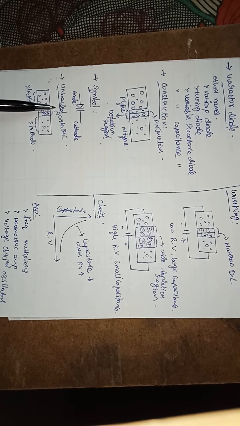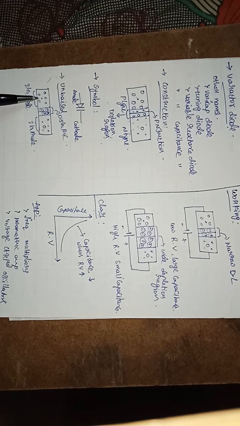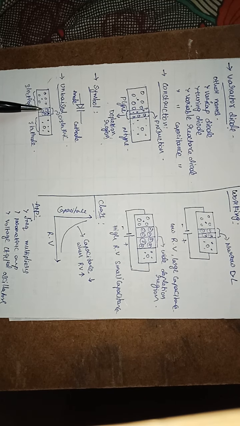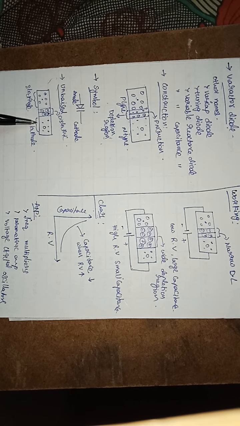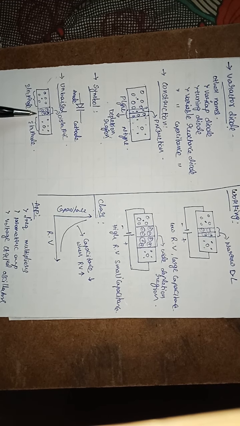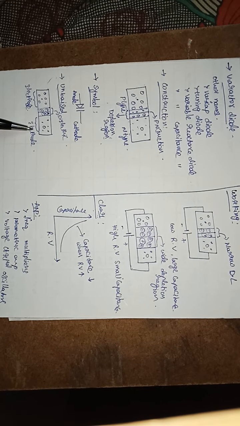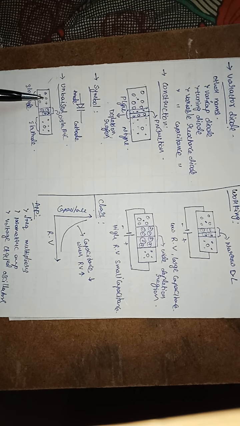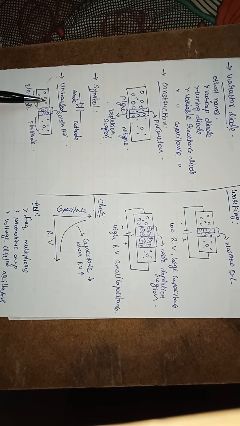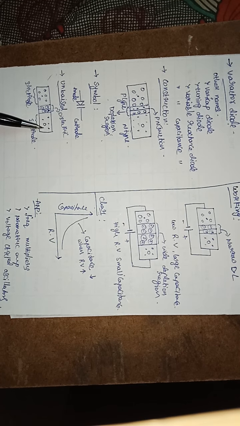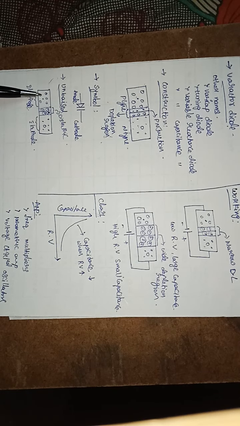When there is no biasing, what will happen in the varactor diode? The majority charge carriers, holes in the p-type and free electrons in the n-type semiconductor material, move. Holes in the p-type move towards the n-type, and electrons in the n-type move towards the p-type material.